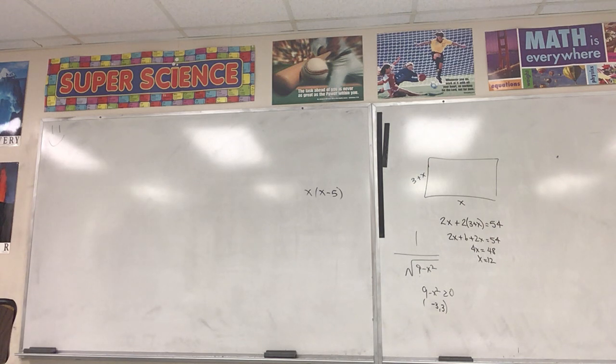Number 23. Vertical asymptotes. Is there any value that makes the denominator 0? No, so there's no vertical asymptotes. Horizontal asymptotes.